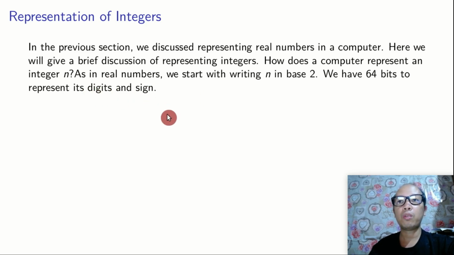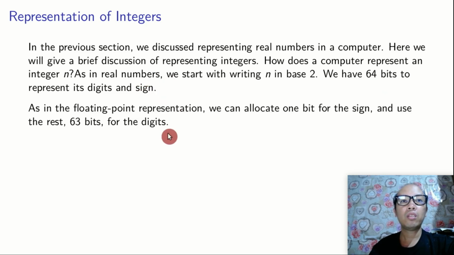So when you are given a 32-bit operating system, you reserve 1 for the sign bit. As in the floating point representation, as I've said, we allocate 1 bit for the sign and 63 bits for the digits. So we are considering here a signed representation.